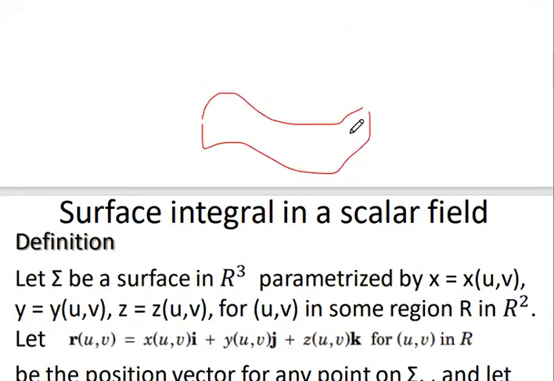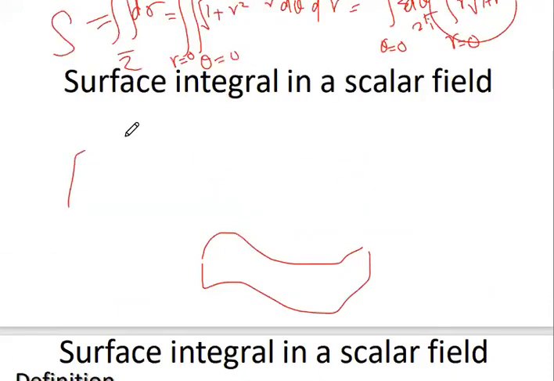Make sense? Let's say you have a surface and you know the temperature of the surface. You can find the average temperature over this surface by computing.